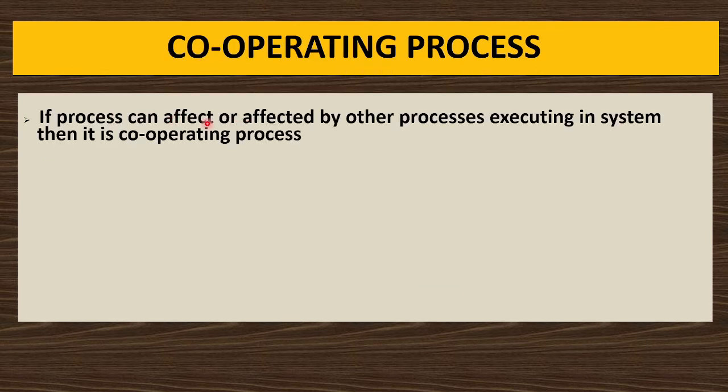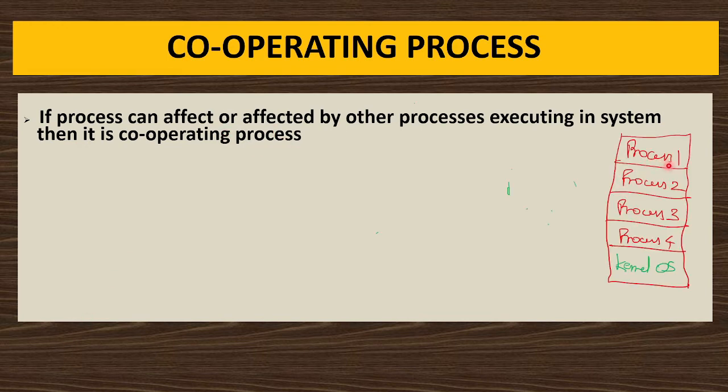Now we'll see what are cooperating processes. If a process can affect or be affected by other processes executing in the system, then it is a cooperating process. For example, now inside my memory there are four processes: process 1, process 2, process 3 and process 4, and one part of the memory is occupied by OS. Kernel is a part of the OS.